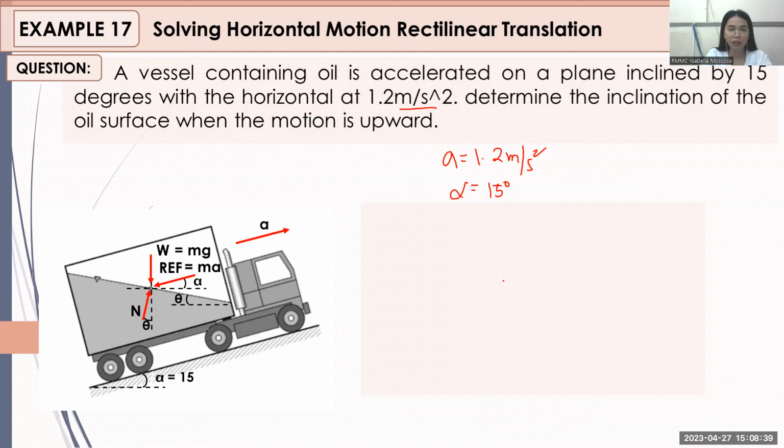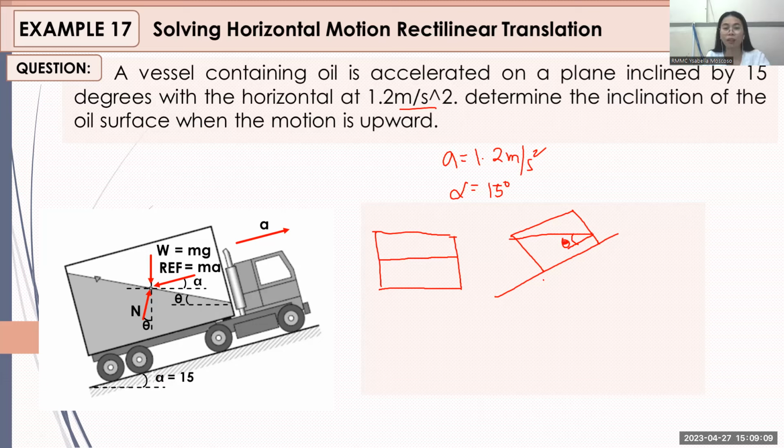Ano ba yung tinatanong dito? Determine the inclination of the oil surface when the motion is upward. So, originally, no, nung hindi pa tumataas yung inyong vessel, nung atras pa siya, ganito pa yung oil ninyo, no? Nung dumaan siya sa inclined plane, naging inclined din yung ating tubig dito, and there is motion, no, from the horizontal to the incline, ito yung hinahanap natin, which is your angle theta.